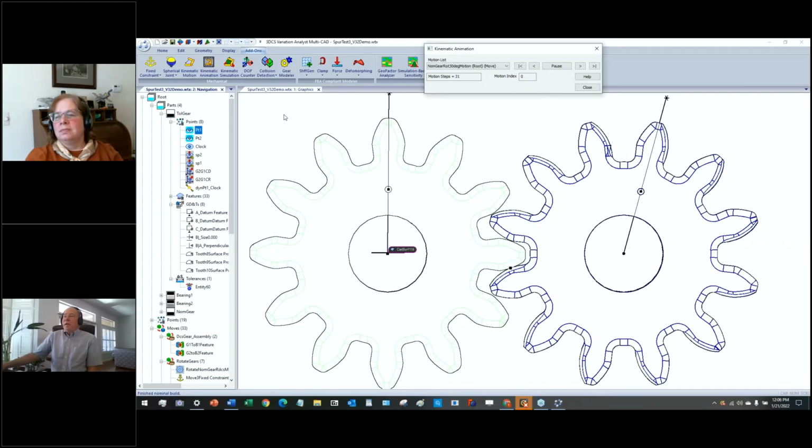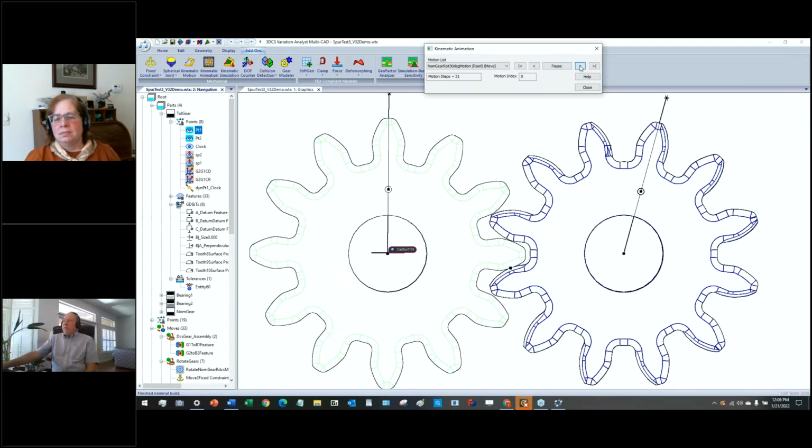So here's my screen. One of the things you can do with 3DCS is they have an option called an add-on, mechanical, and with that you can design a system so you have rotation in sequence, gear by gear.